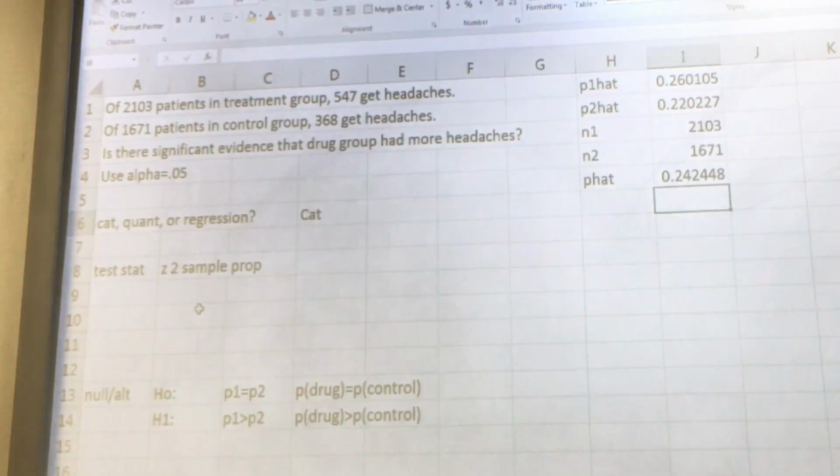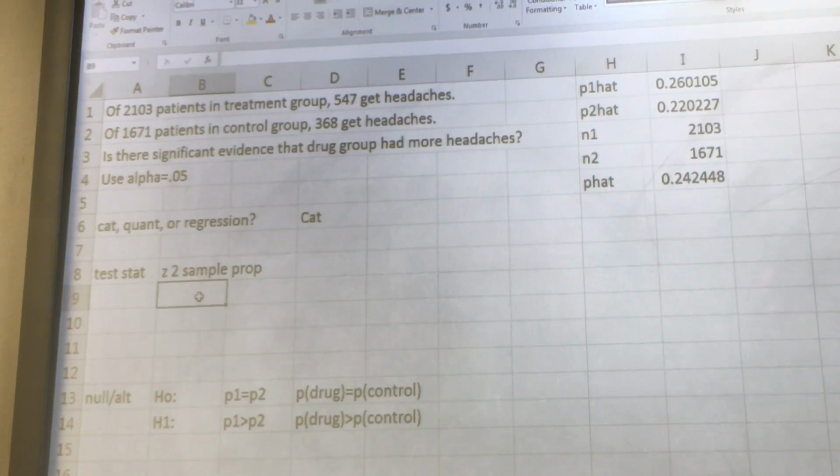So my z-test, two-sample proportion, is going to be my numerator, P1 hat minus P2 hat, minus 0.